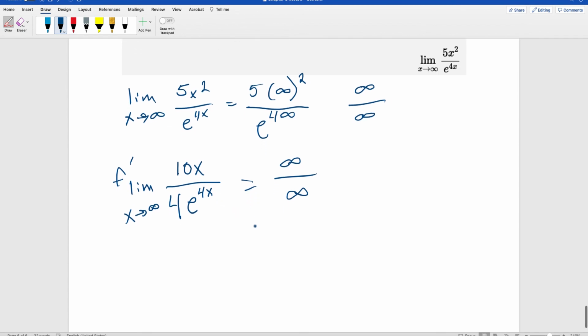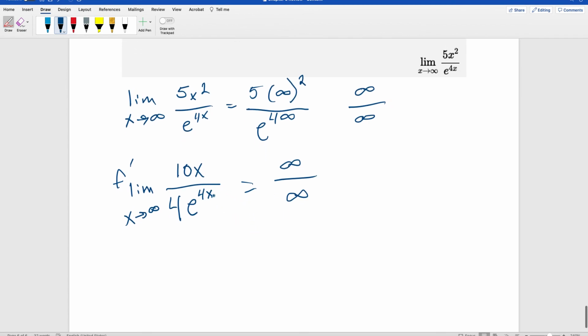How do you take the derivative of e to the 4x? e to the 4x is an application of the chain rule. We know that the derivative of e to the x equals e to the x.